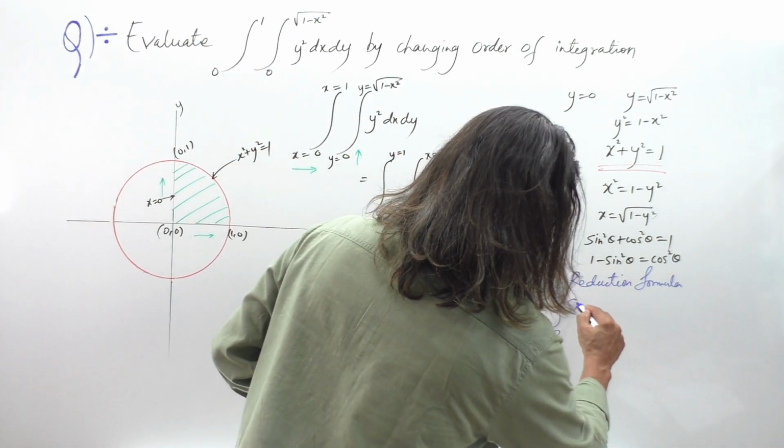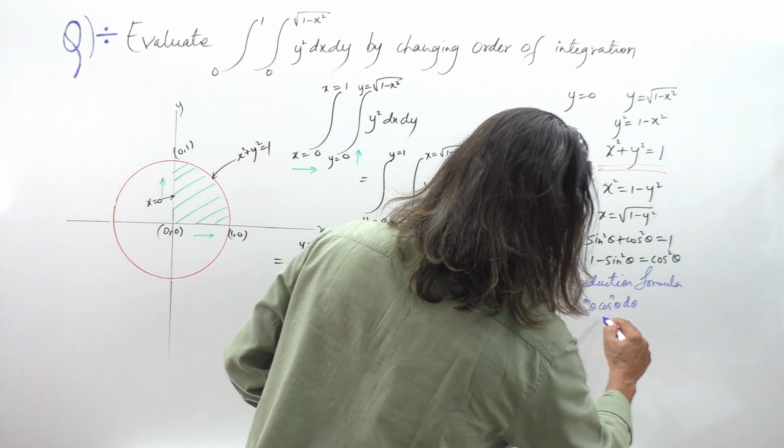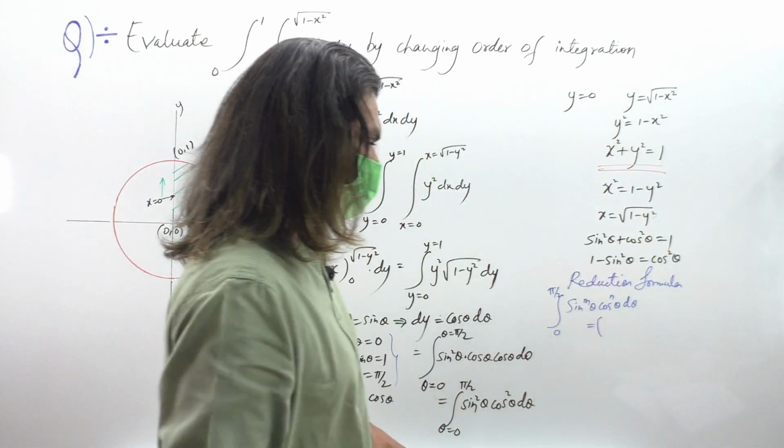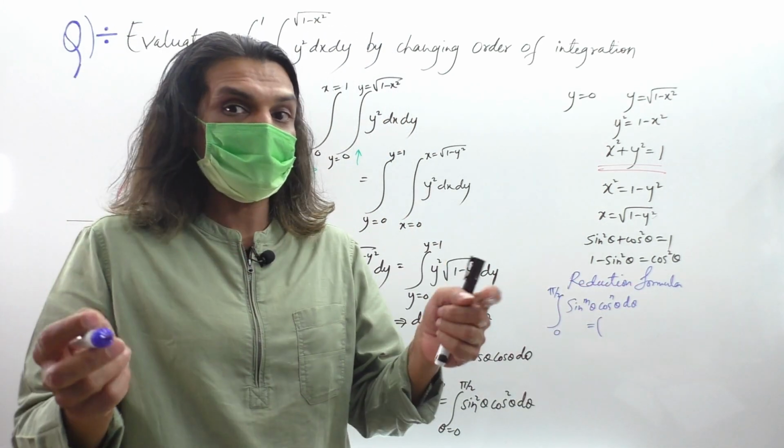The integral of sin raised to m theta into cos raised to n theta d theta from 0 to pi by 2. There are two powers, m and n. They can be even or odd, whatever.